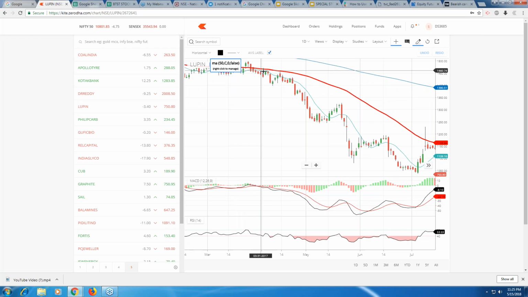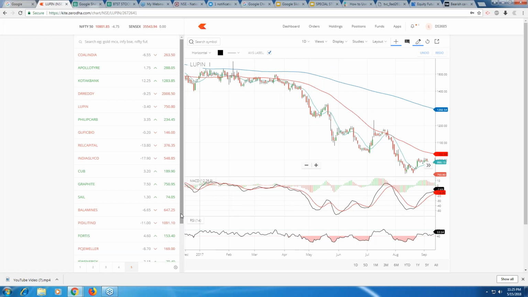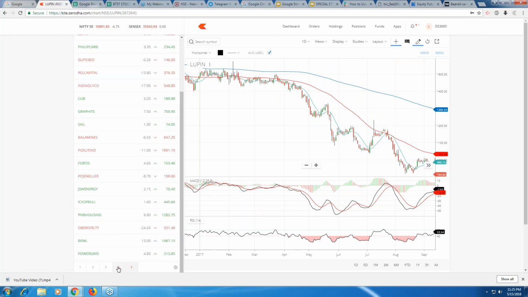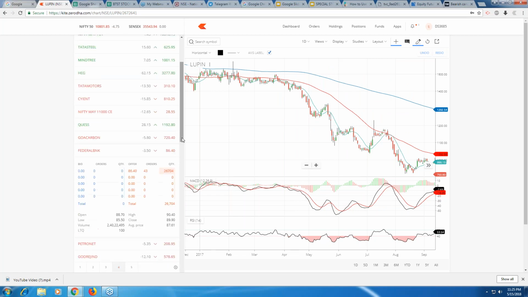So starting from here, 1444, this is the month of 3rd of April, and that month only it has come down to 1326, right? So in futures lot you can trade any which way, like finding out the good trade. Let's see, I want to show you Power Grid.